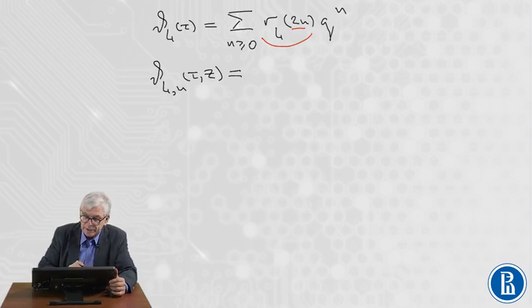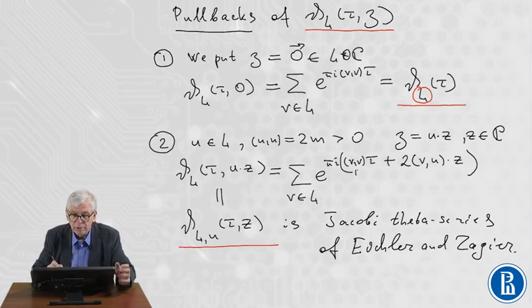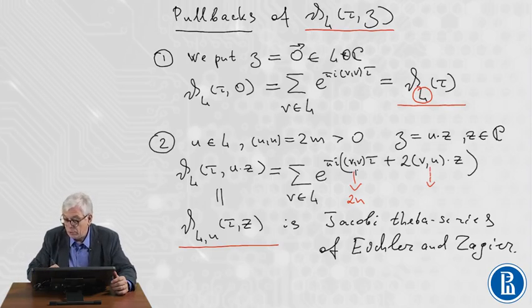If we analyze the definition of this function, we have to fix the square of the vector v and the scalar product of v and u.